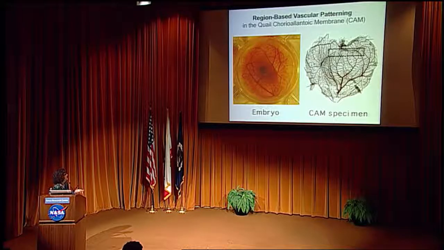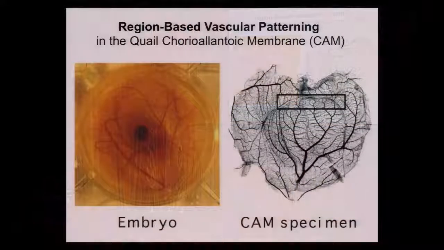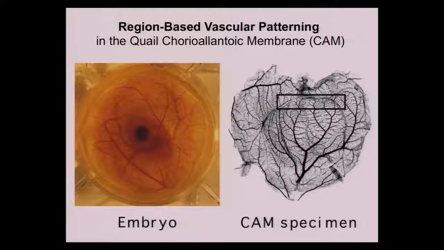Now, after having examined the concept of self-similar branching in the lightning photograph, I think you can see how this concept of self-similar branching is repeated through about 8 generations of branching in the CAM specimen.